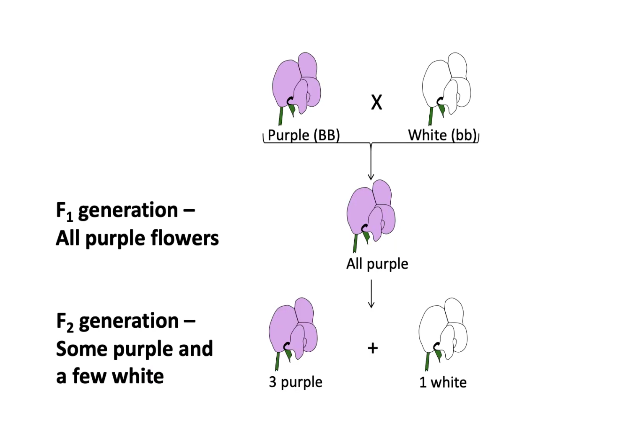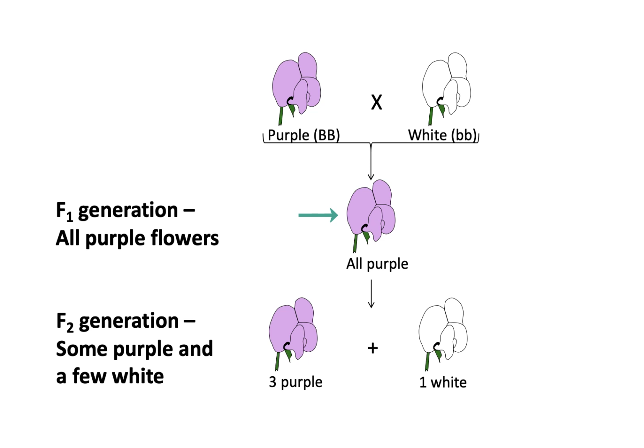When he took pollen from purple flowered plants that had bred true and fertilized a white flowered plant with that, or vice versa, took pollen from the white flowered plant and put it on the purple flowered plant to fertilize it, in all cases, he got, in the first generation, all purple flowered plants.